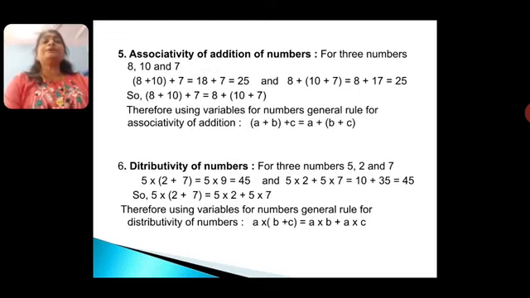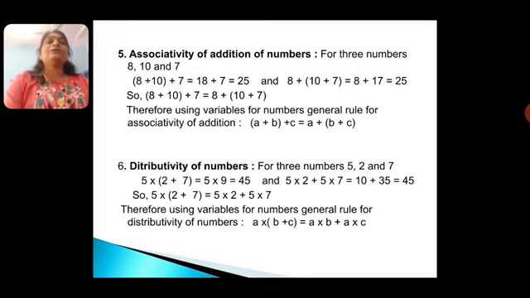Now, distributivity of numbers. For three numbers 5, 2 and 7, 5 into (2 plus 7) equals 5 into 9 gives 45, and 5 into 2 plus 5 into 7 equals 10 plus 35 gives 45.